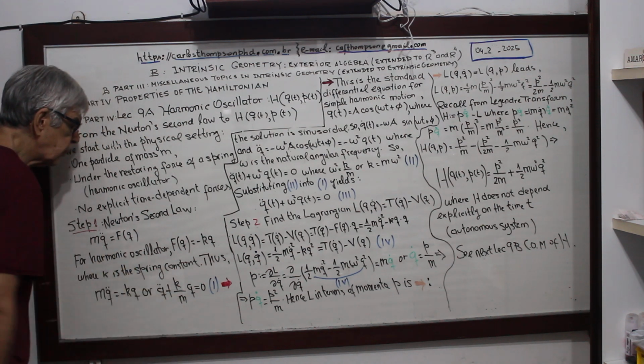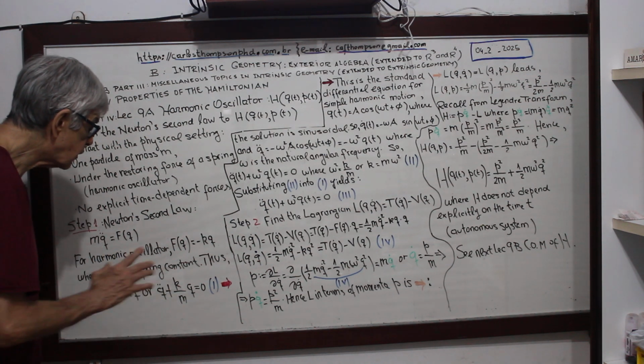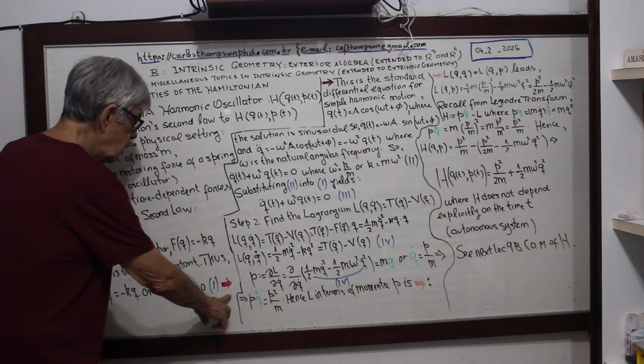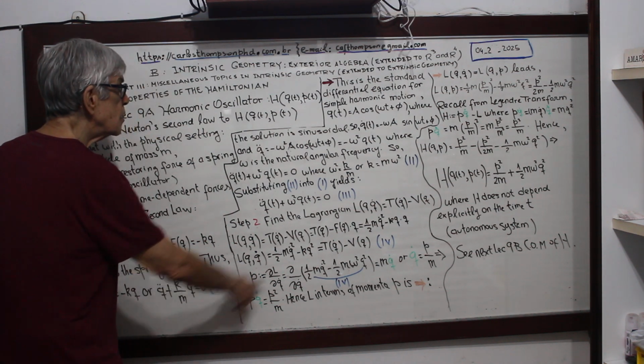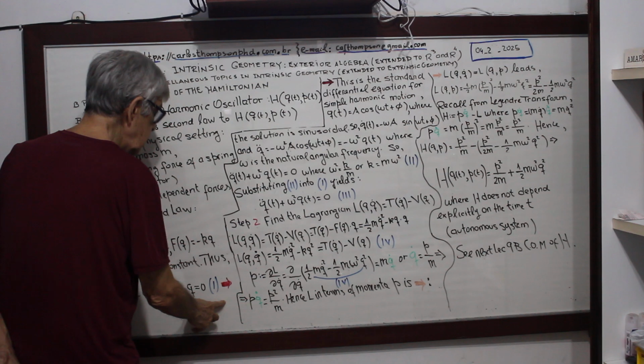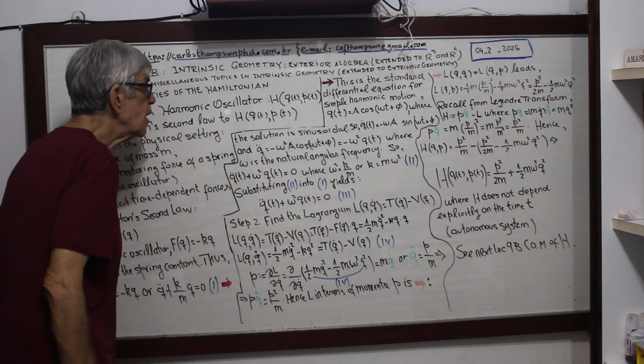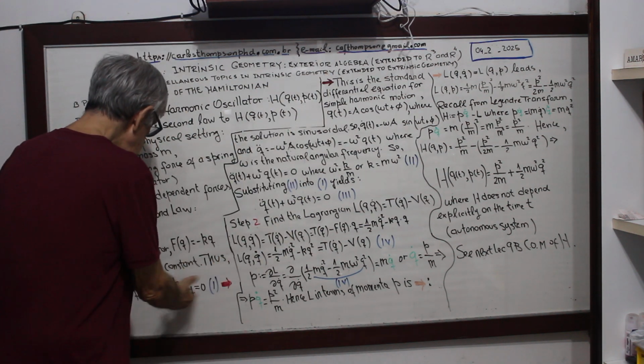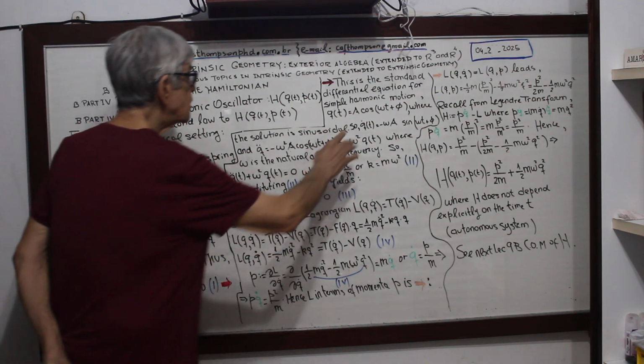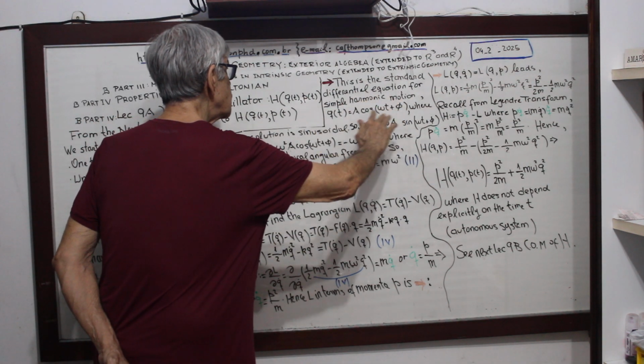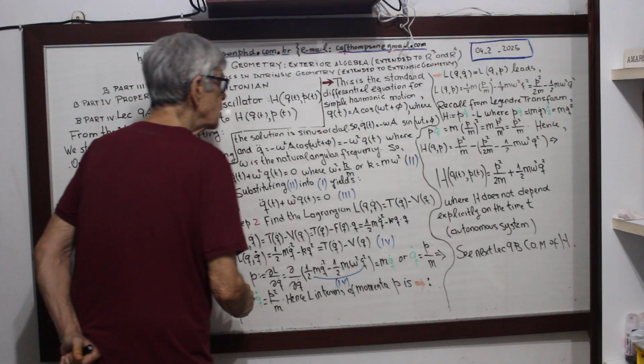I call this equation 1. Attention to this mark over here. The sign here is just over there. So from here we jump to there. This 1 is the standard differential equation for simple harmonic motion.